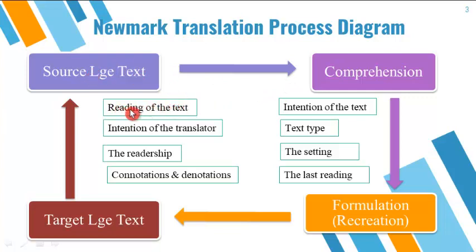The translator reads the text and takes into consideration the intention of the text, as well as the intention of the translator himself, why he wants to translate this text. Then the type of the text. We are going to tackle different types of texts in a minute. The translator also should take into consideration the readership, the people who are going to read the final product.